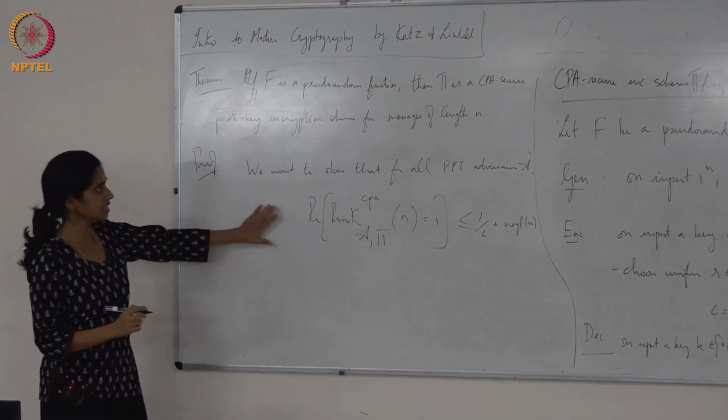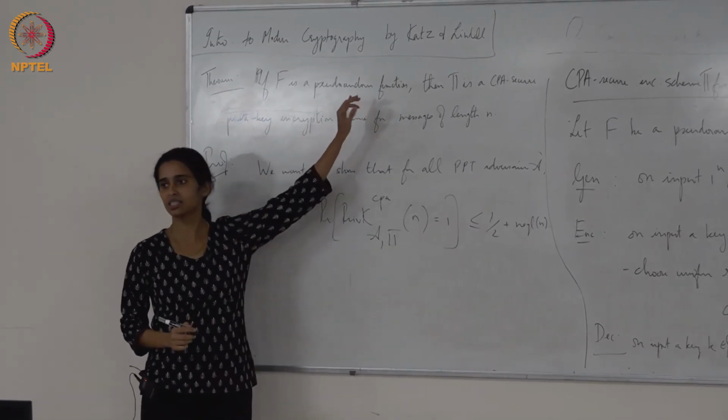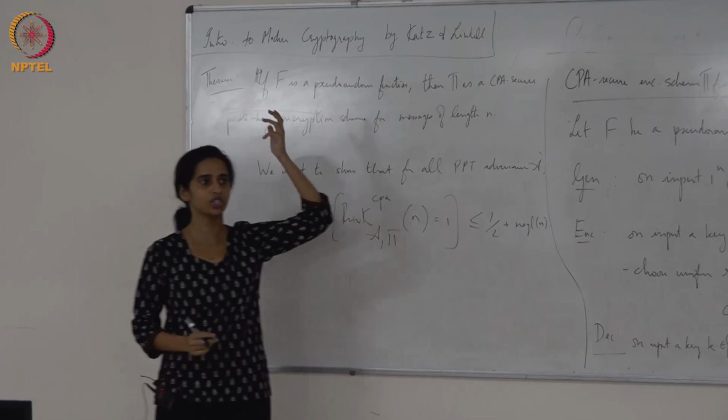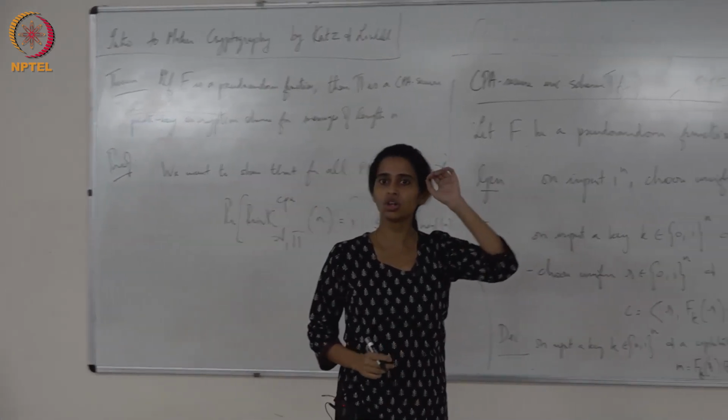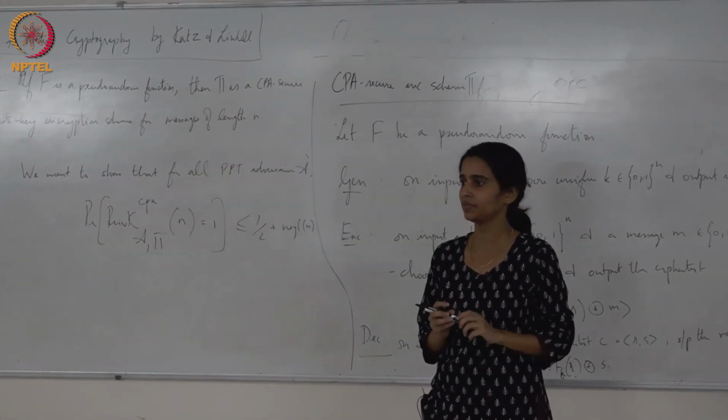If we show this, then we have shown that pi is a CPA secure encryption scheme, which is a definition that we have agreed on. So is the goal clear to everybody?